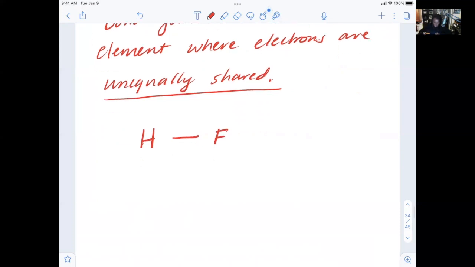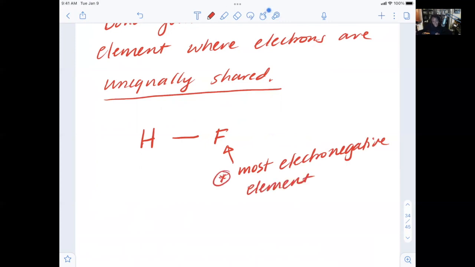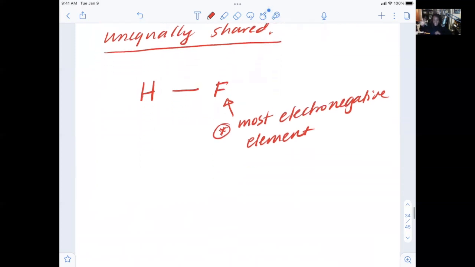We'll learn down the road that fluorine is the most electronegative element. Well, as the most electronegative element, fluorine then has this special access to the shared electrons.